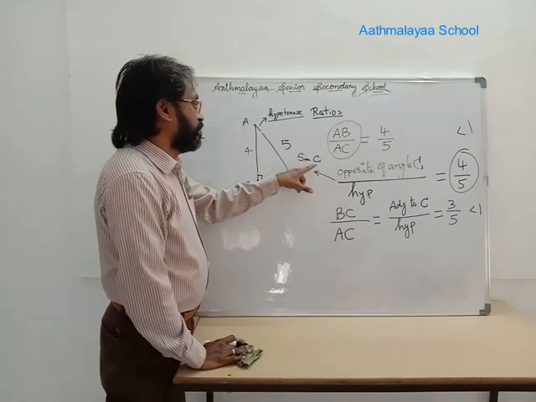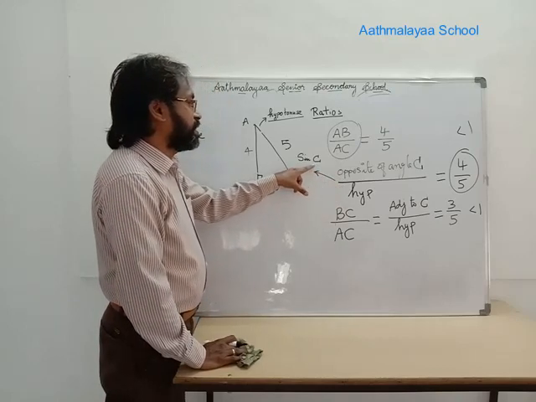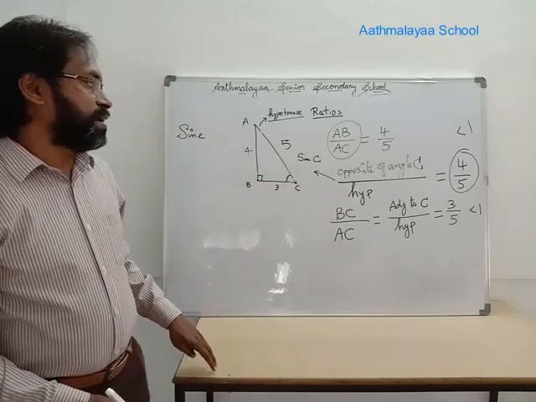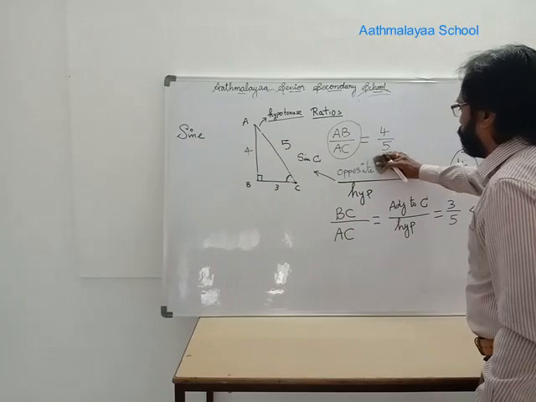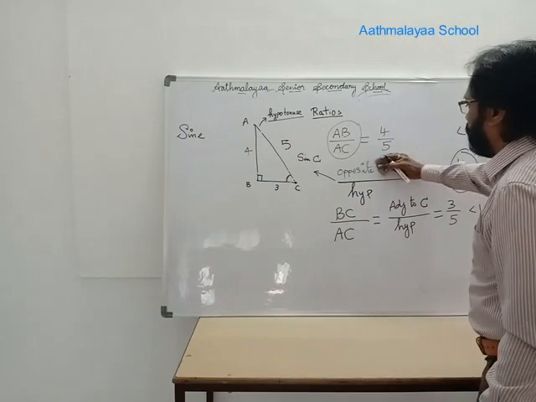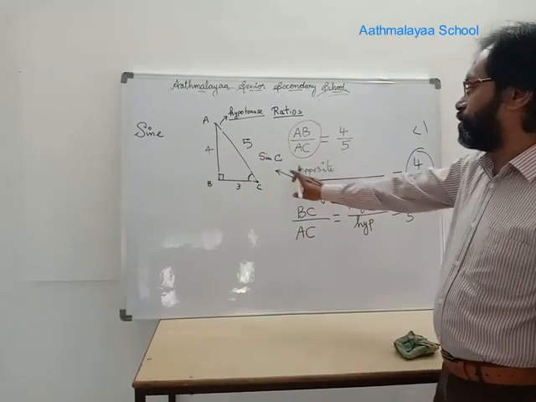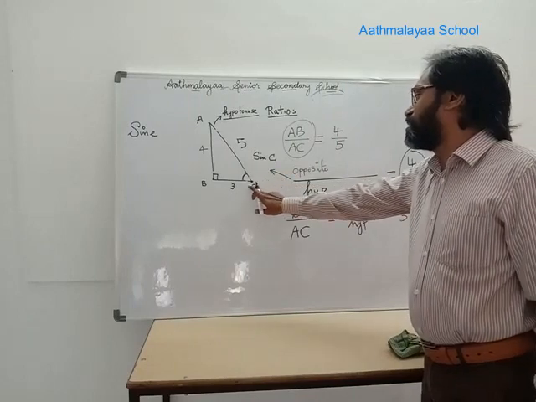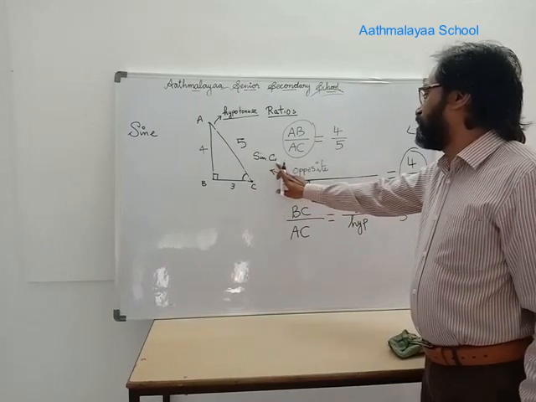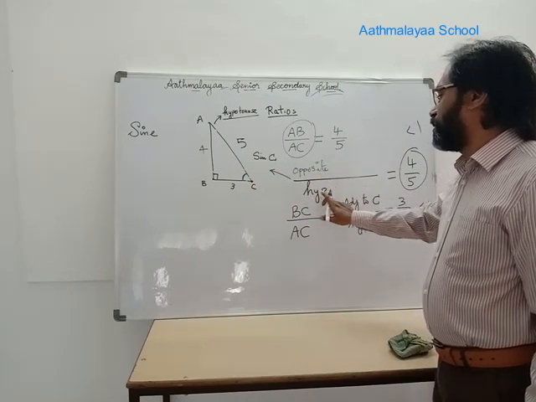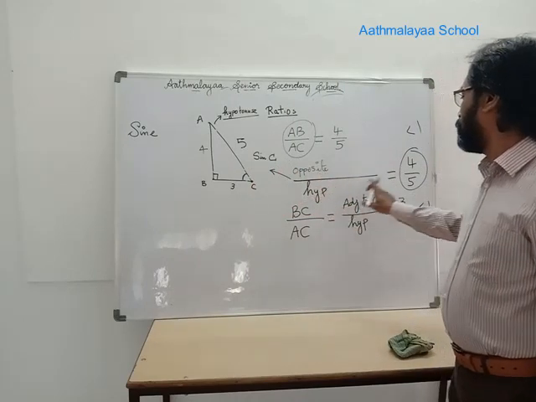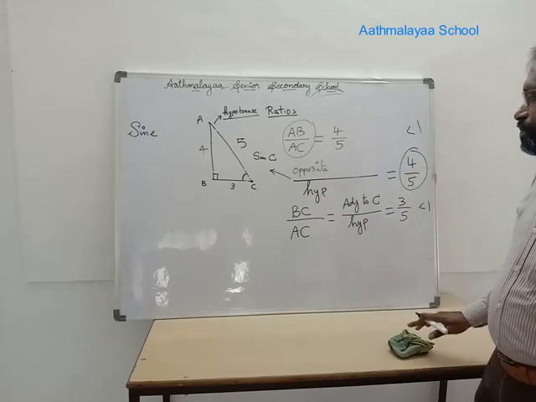Because we have mentioned what the angle is, we can simply forget about saying opposite of what angle. We know very clearly what angle we are talking about. We are talking about angle C. So sine of angle C is defined as opposite by hypotenuse, and we know what it is. It is 4 by 5.